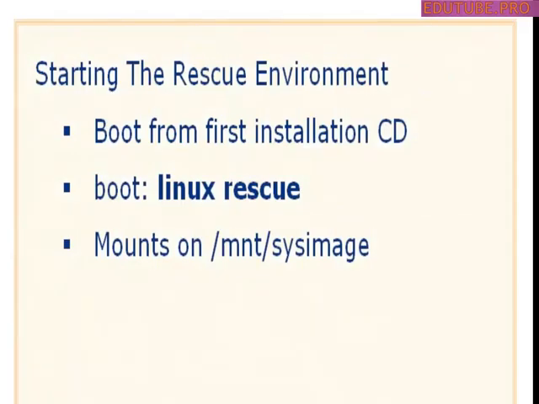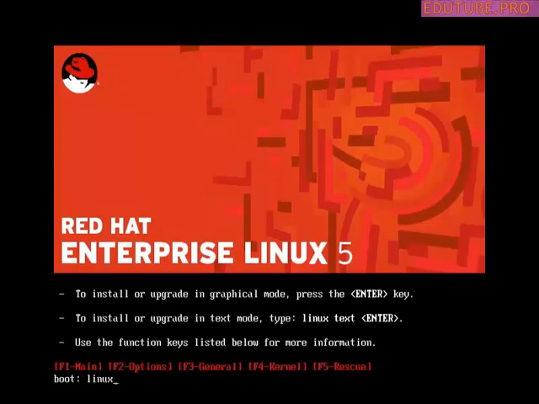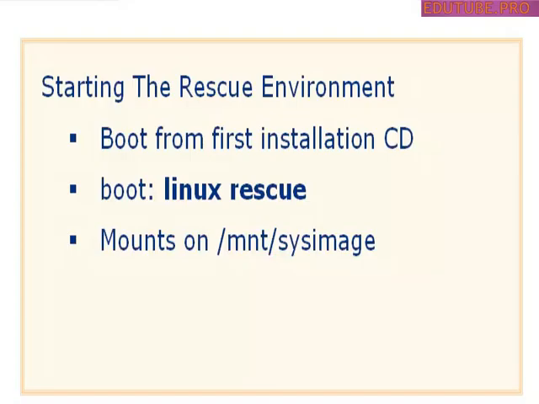Starting the rescue environment is fairly easy. Just boot from that first installation CD, and when you get to the boot prompt, type linux rescue and press Enter to start that process.